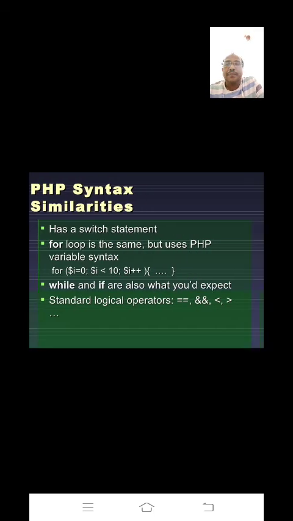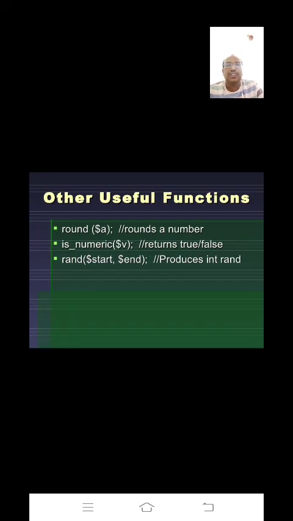Other useful functions, not for strings, in PHP. After this we will see how to add this in HTML also. First we will finish these other useful functions in PHP. Round rounds a number; it's not string related, it's maybe mathematical.